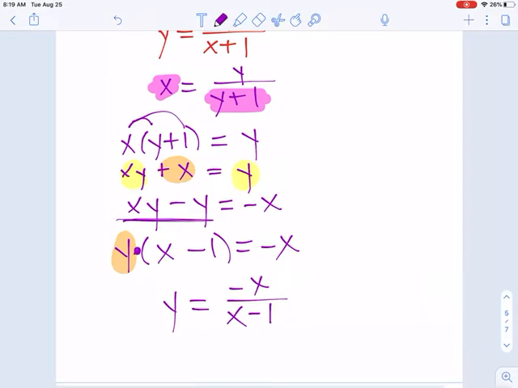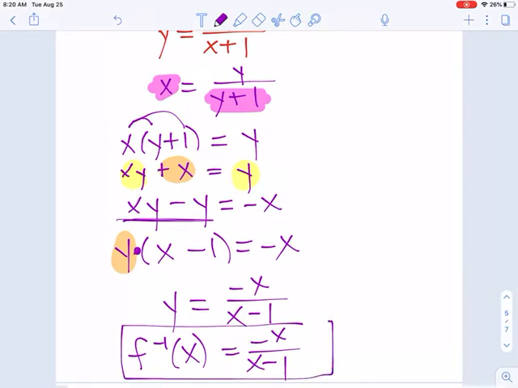So we can take what's being multiplied to that y and we can divide it over. So our inverse ends up being negative x over x minus 1.